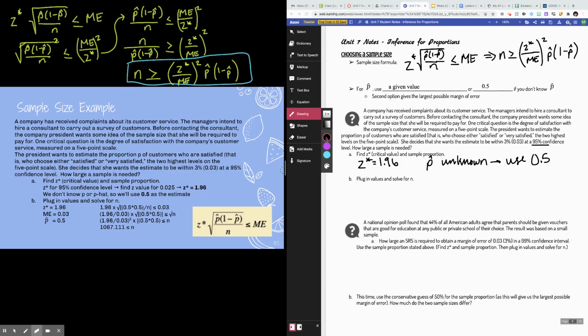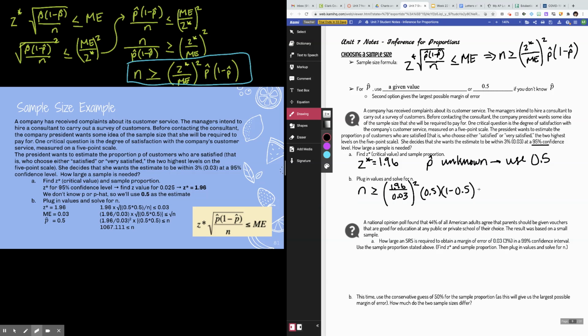Okay, so I'm looking for n. So n has to be greater than or equal to z star, which is 1.96, divided by my margin of error, 0.03, and then I'm going to square that, times p hat, which is 0.5, times 1 minus 0.5.